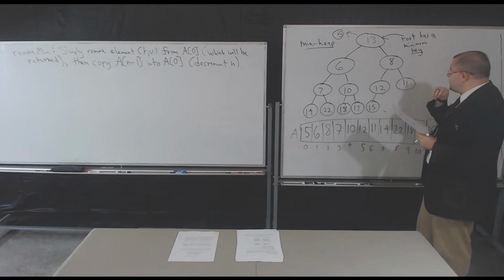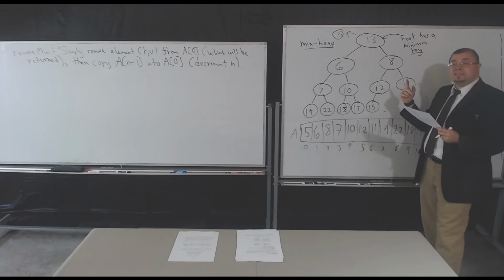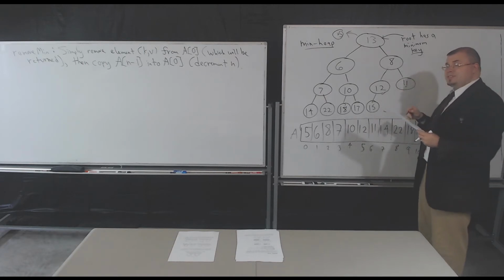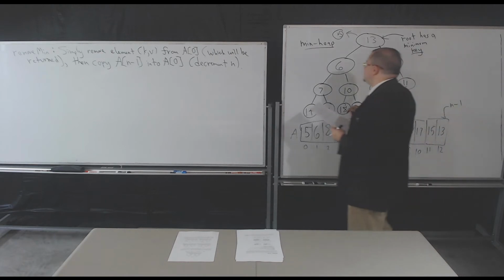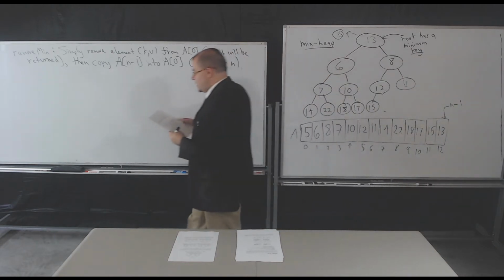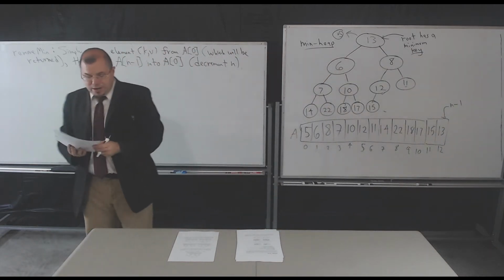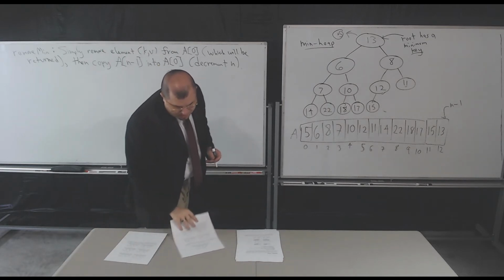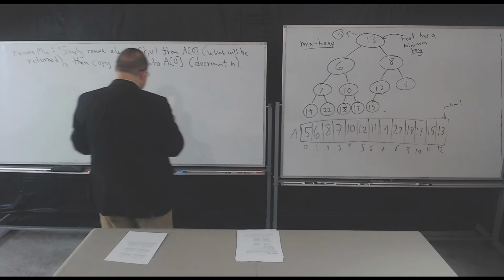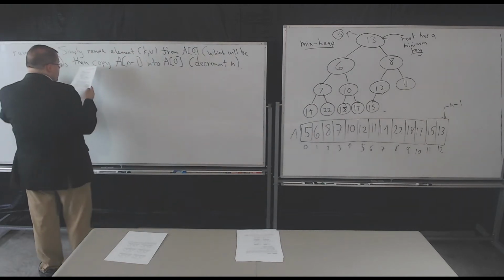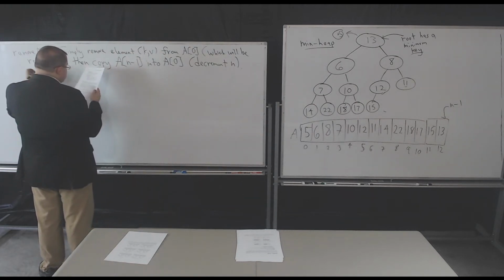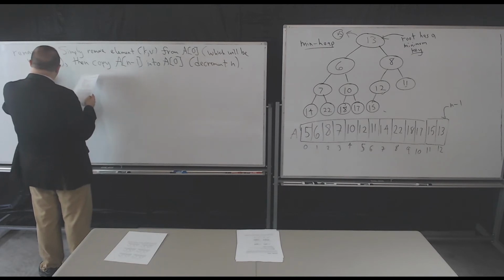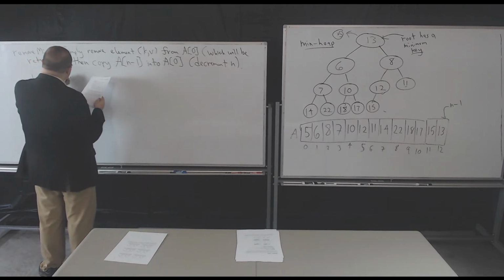If I have 2 children, maybe I should consider the one with the smallest key. So I'm just going to say we may need to bubble down.